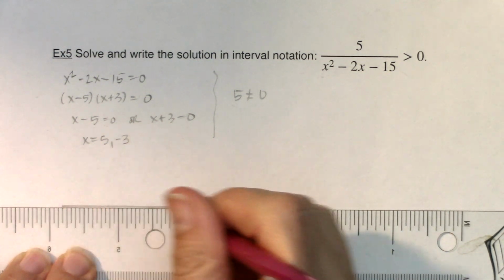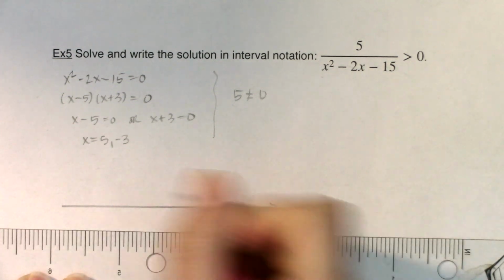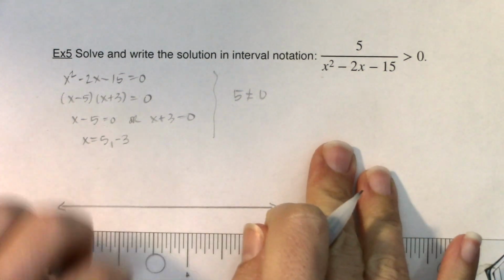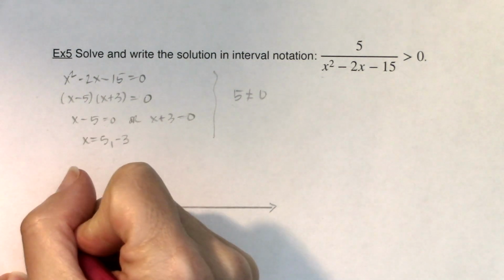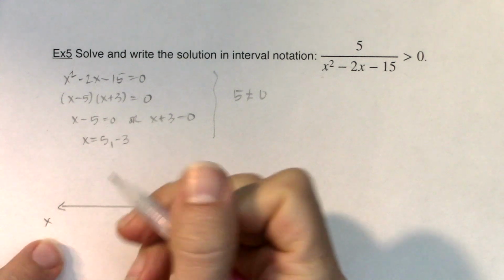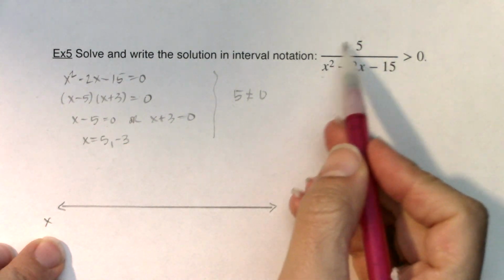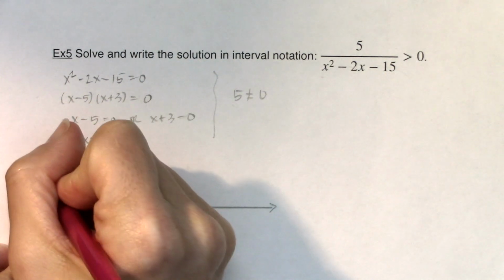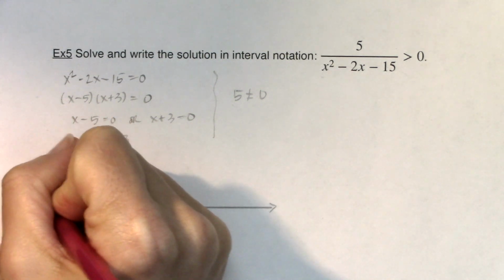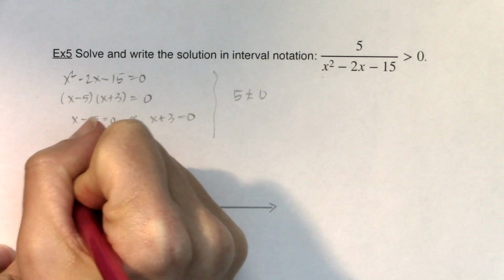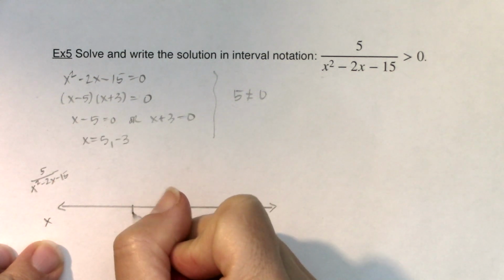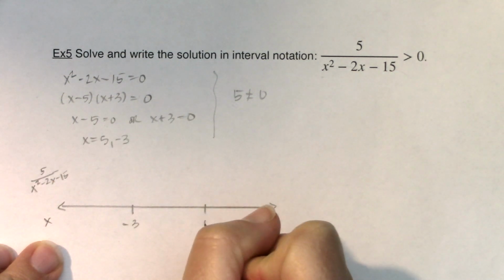So let's make our x-axis, or I should say our smushed xy axis, with x's on the bottom, and then I'm going to make the signs for this rational expression, 5 over x squared minus 2x minus 15. The two interesting x values were negative 3 and 5.